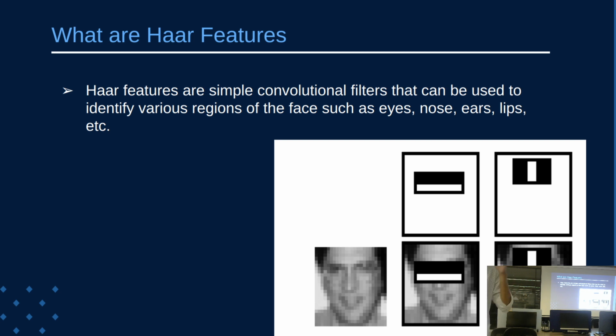If you know about this algorithm called the Viola-Jones algorithm, I guess the paper was out in 2001. So that was the first breakthrough in face detection. What they do is they use these features to determine where the face is in the image.